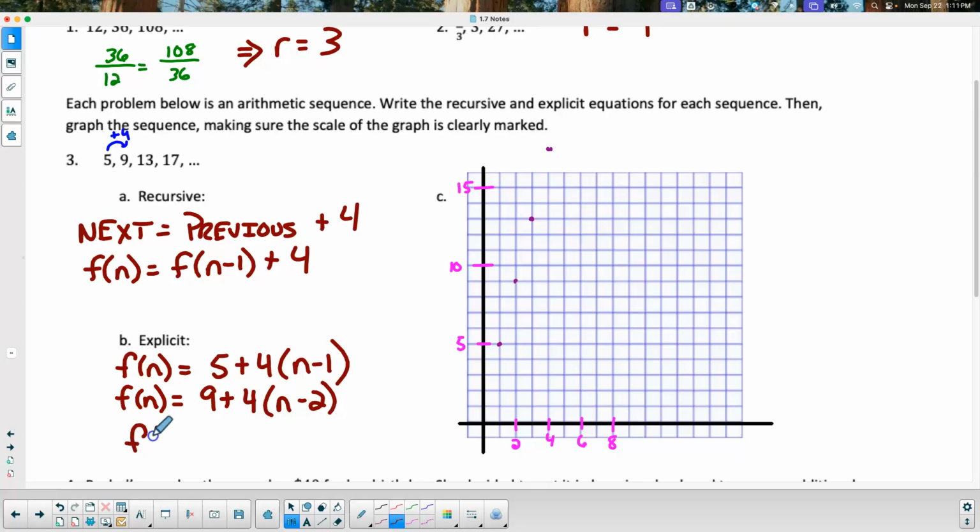Or we could simply have f of n equals 4n plus 1. One thing we forgot in our recursive was a starting point, or a starting value. f of 1 is equal to 5. Questions on that one?